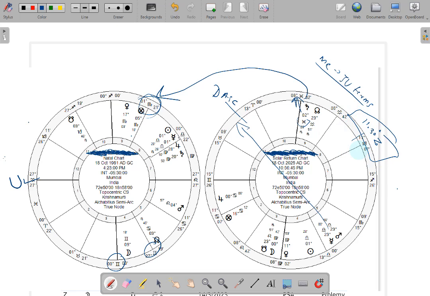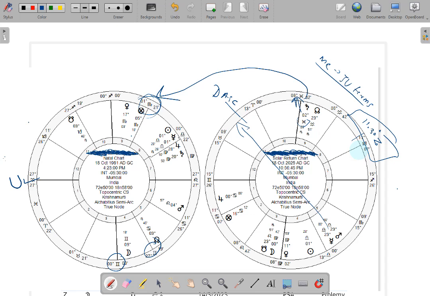So obviously the MC connection with the 8th house in the return chart is going to cause some anxiety around the work area. I mean, a lot of issues, or maybe some kind of fear, anxiety related to work, and this person is experiencing such fear and worries related to job insecurities and all that.